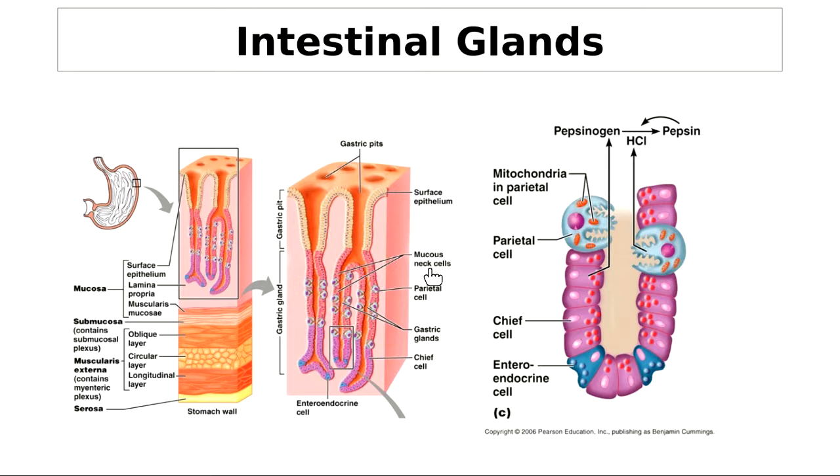Some other hormones, enterogastrin. Enterogastrin slows the stomach movements and slows emptying. Cholecystokinin increases pancreatic enzymes and stimulates the gallbladder to release bile.